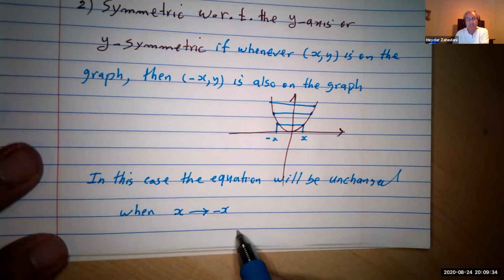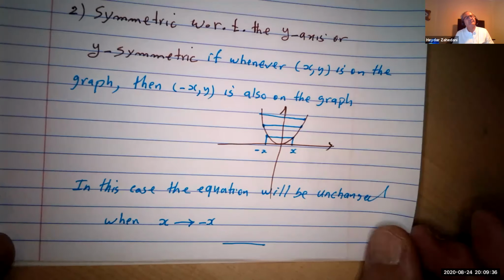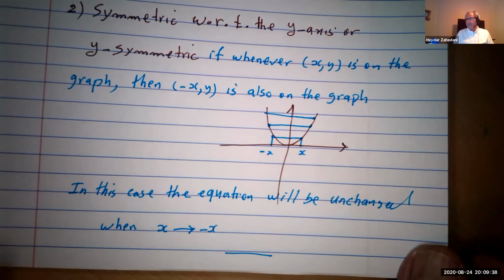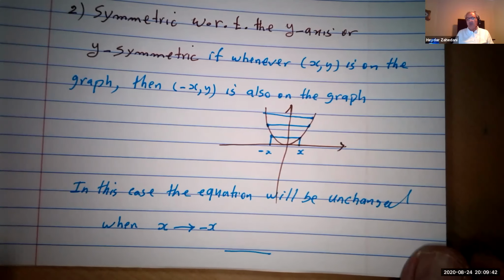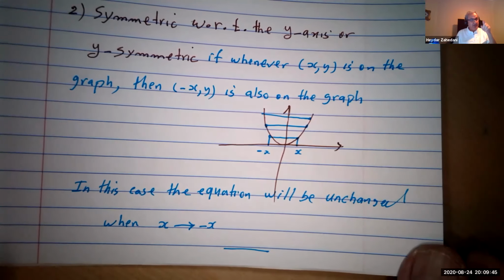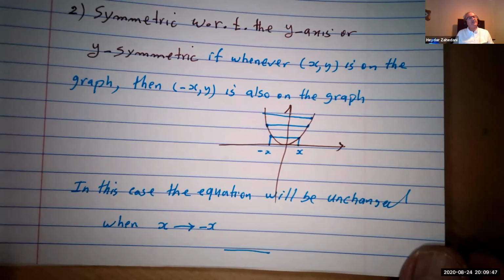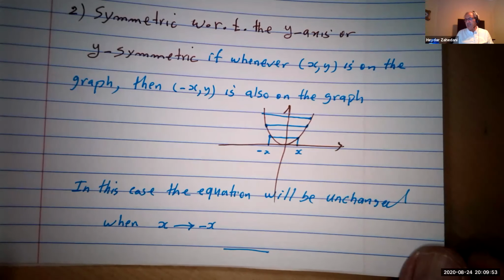So it's going to be very easy to identify, to check these. And I'll give you a shortcut in a minute. Going to the right, to the left, the mirror is on the y, so it's y-symmetric. Going up and down, the mirror is on the x. Any question?